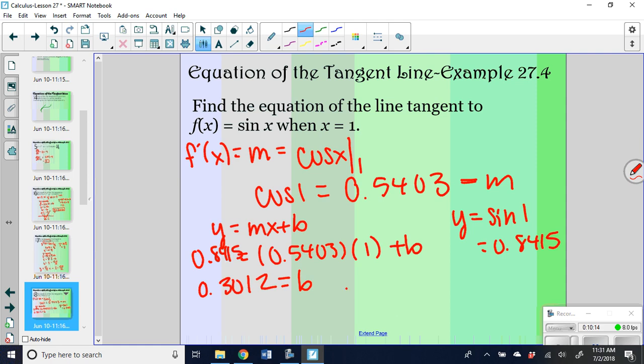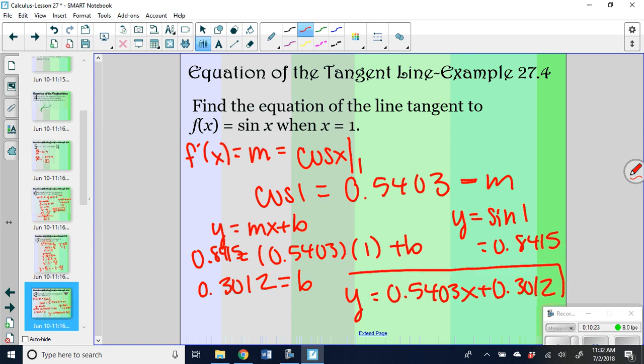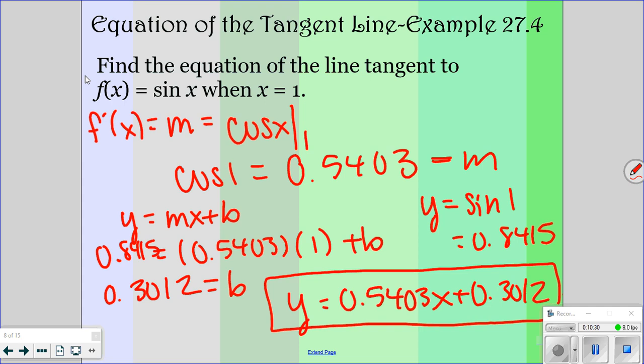And so your equation would be y equals 0.5403x plus 0.3012. So that would be the equation for your tangent line when x equals 1.